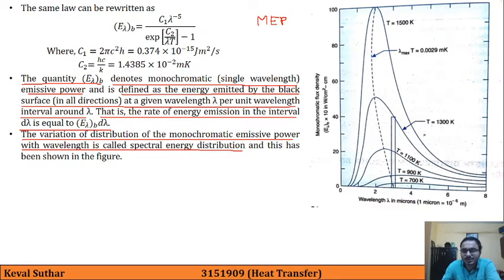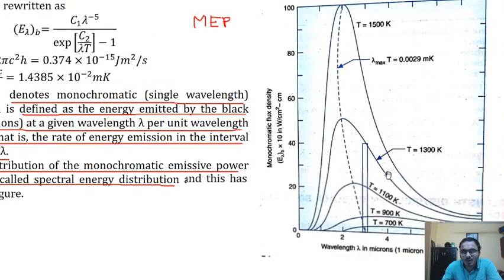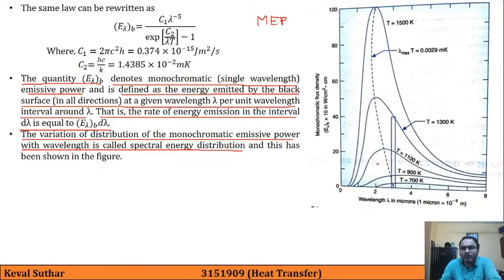If you see carefully on this graph, on the x-axis we have wavelength in microns, and on the y-axis we have monochromatic flux density, which is E lambda b into 10 in watt per centimeter square into centimeter.